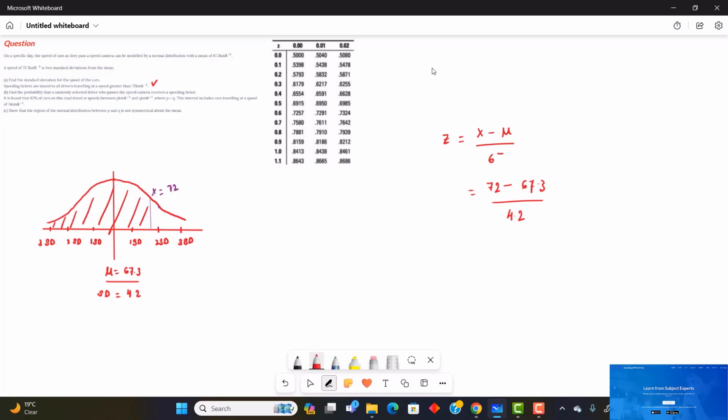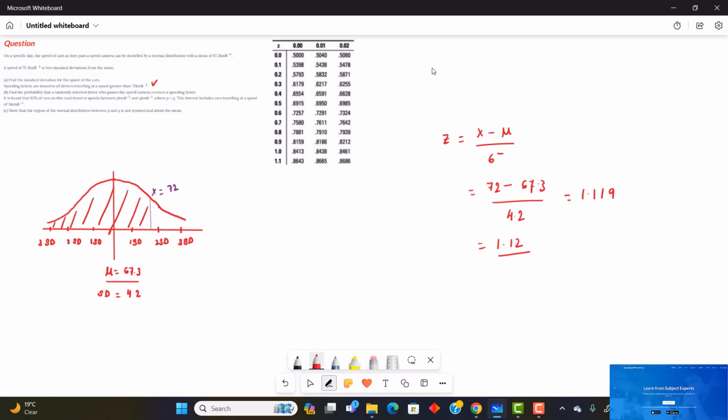You can very quickly find the value using a calculator, which comes out to be 1.119. We can round it off to 1.12. Now, this is the z score for the speed of x is equal to 72.